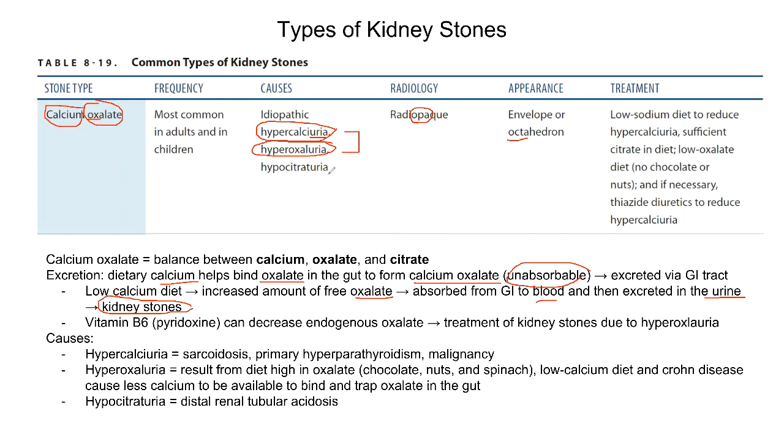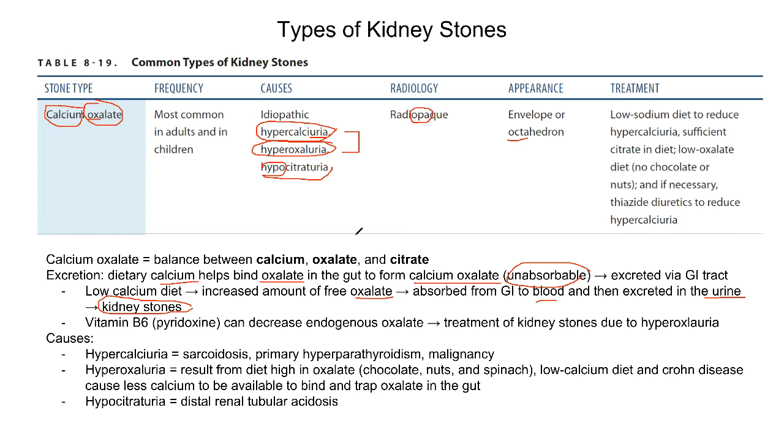But if you have hypocitraturia, meaning a low level of citrate, then you have more calcium in the blood, and more calcium in the urine. That's why this one is the opposite. So with hypocitraturia, you have more chance of forming calcium oxalate in the urine.